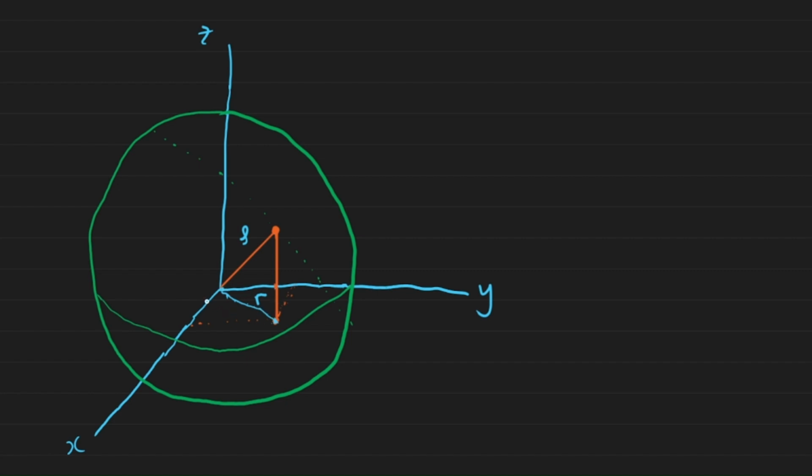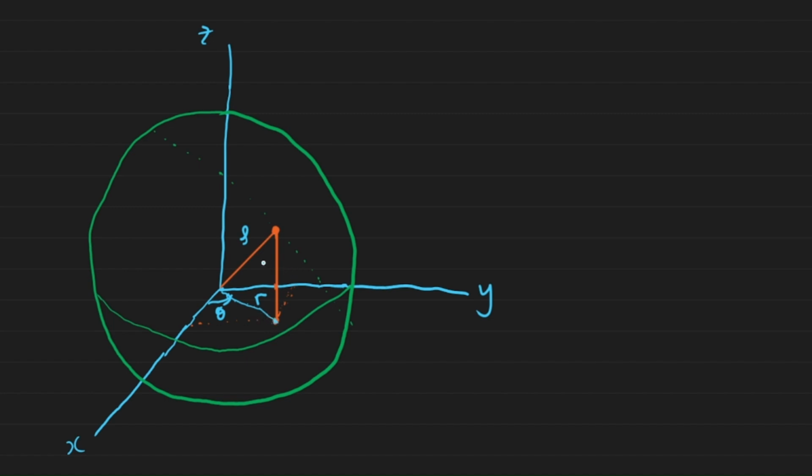And the angle theta is the angle between the x-axis and r. So there is a difference here now between r and rho. Rho is the distance from the origin to our point on the sphere, whereas r is the distance from the origin to the projection of the point on the xy plane. That's very important to note.